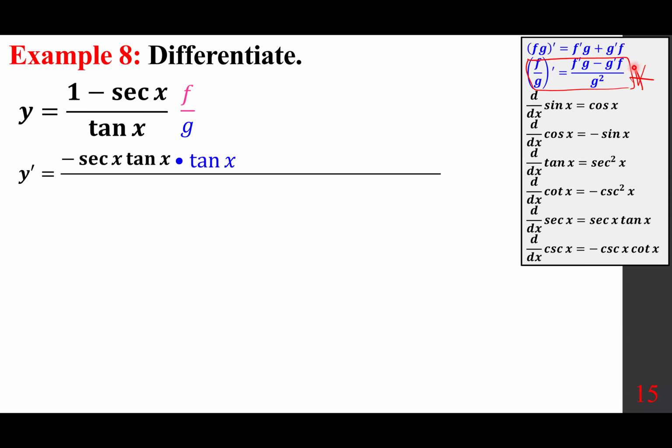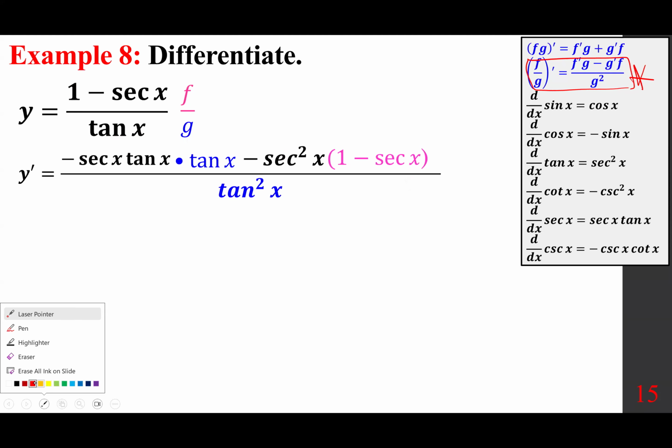Minus g prime f, g prime, the derivative of tan, so minus the derivative of tan x, which is secant squared x, times f, just write the numerator in parentheses, 1 minus secant x. Then what about the bottom? Just write it and square it, tan squared x. And I'm going to put an asterisk next to it, meaning this, believe it or not, is the only calculus step.